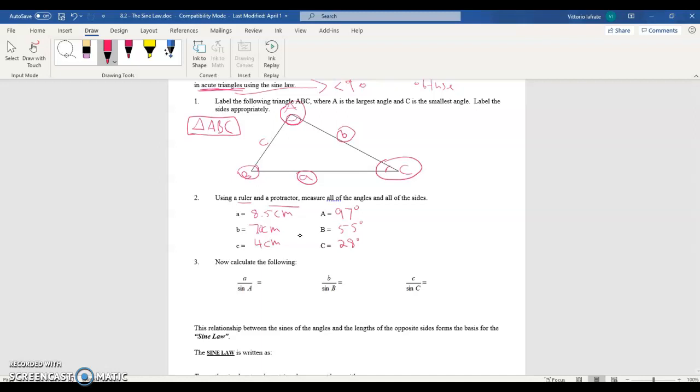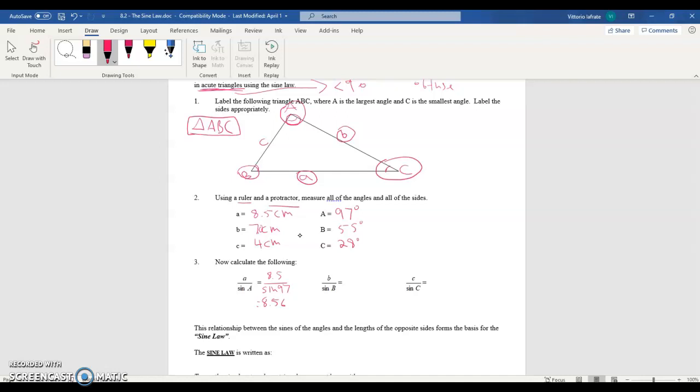So we're going to do side A, 8.5, divided by sine of angle A, sine of 97. If you put that in your calculator, 8.5 divided by sine of 97, you get about 8.56. I'm going to round to 2 decimal places, 8.56.